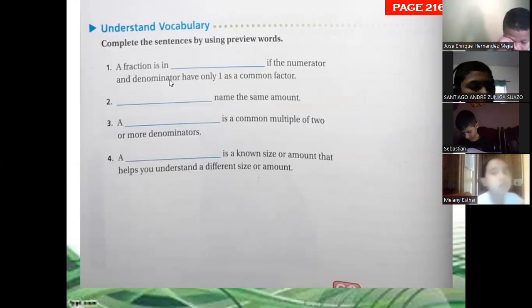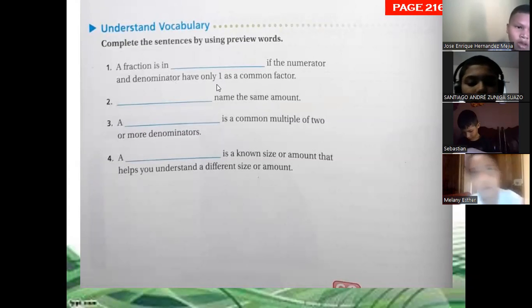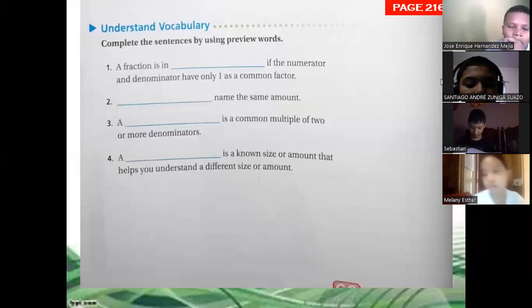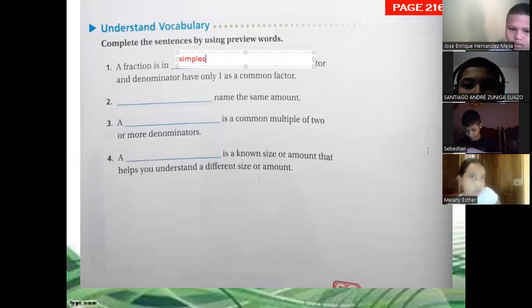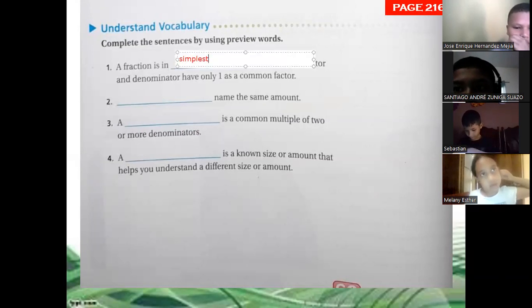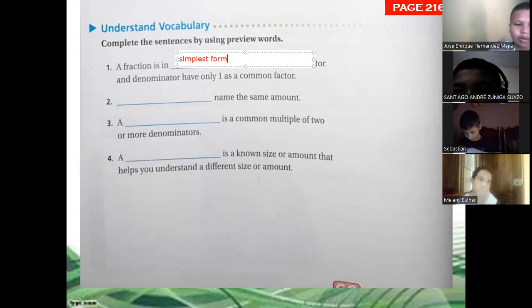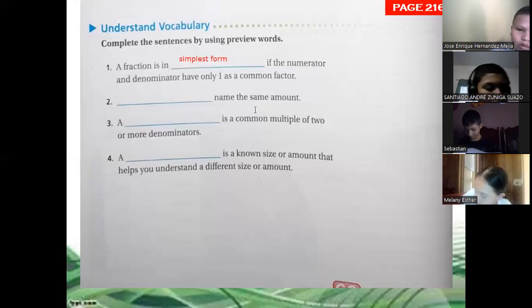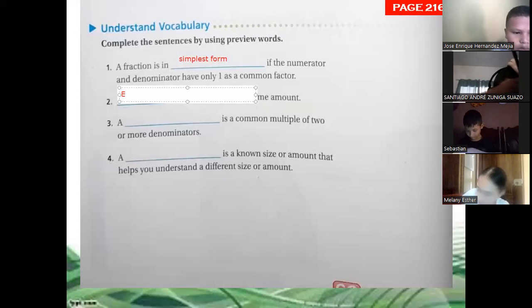A fraction is in simplest form if the numerator and denominator have only 1 as a common factor. When we have fractions that name the same amount of a whole, those are equivalent fractions.